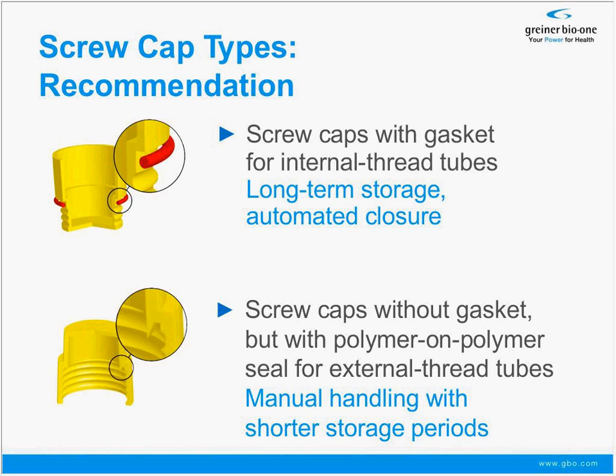If on the other hand it is more about manually opening and closing the tubes, the other version of screw cap for the externally threaded tubes is a good solution. However, be aware that if you store really long, let's say you aim at 5 or 10 years of storage, this may not be your preferred solution for labware.